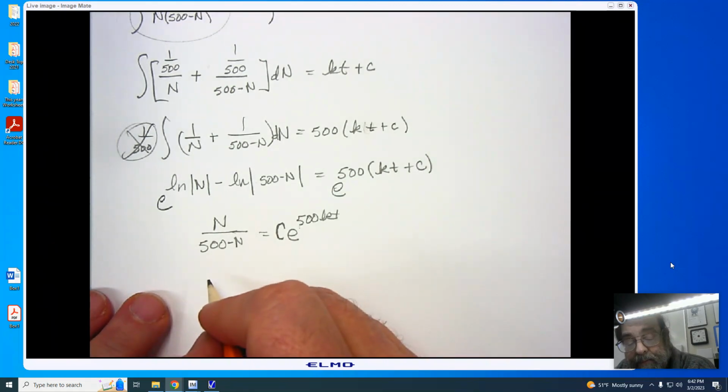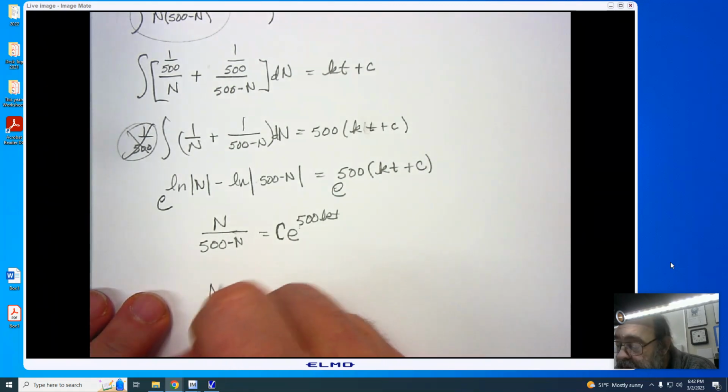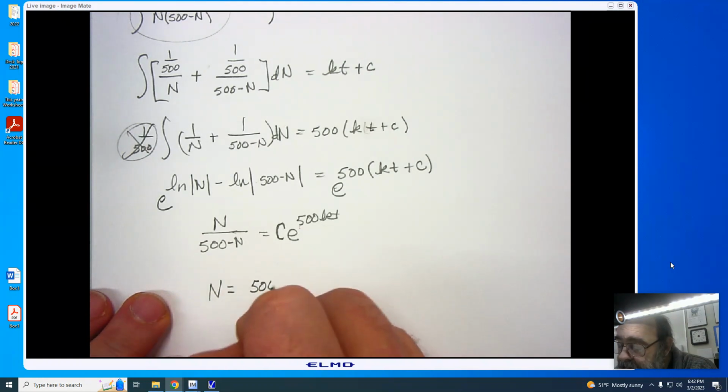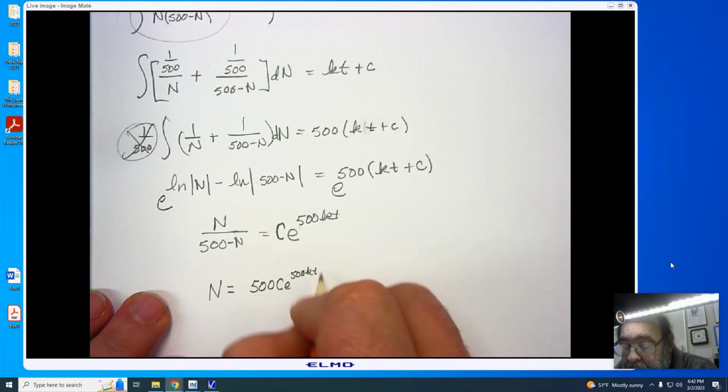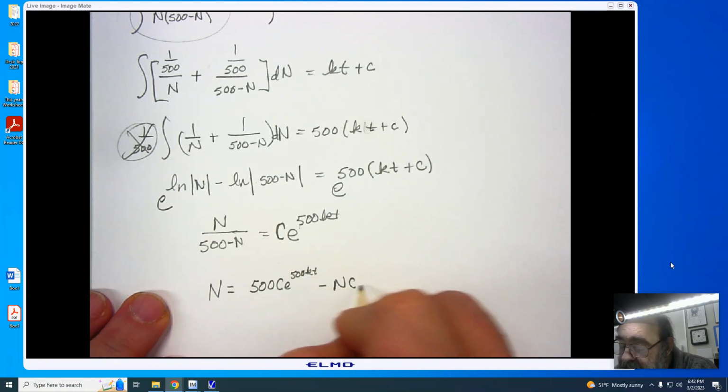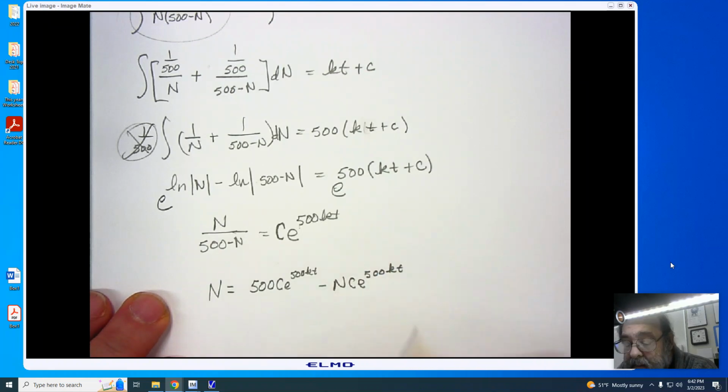We end up with n is equal to 500 ce to the 500 kt minus nce to the 500 kt.